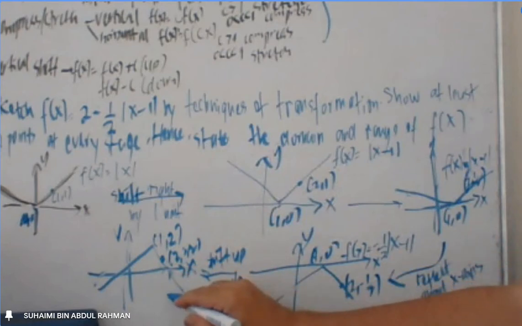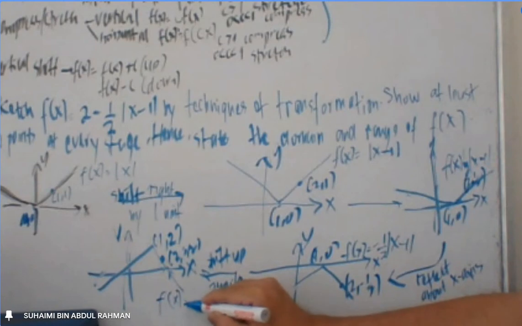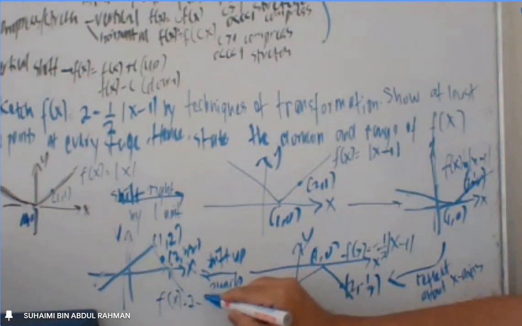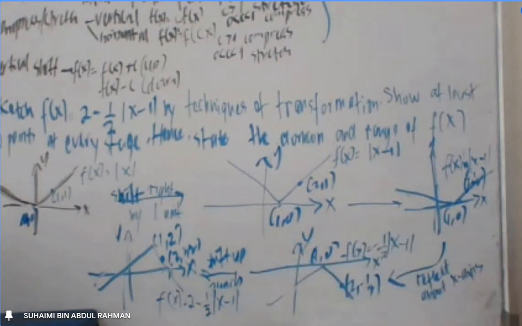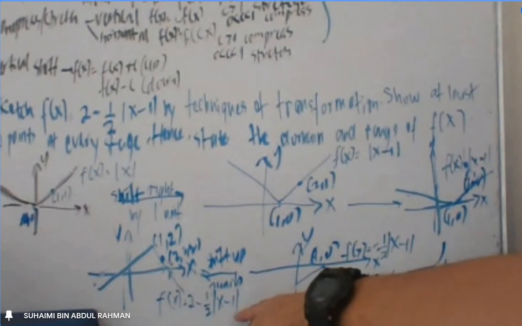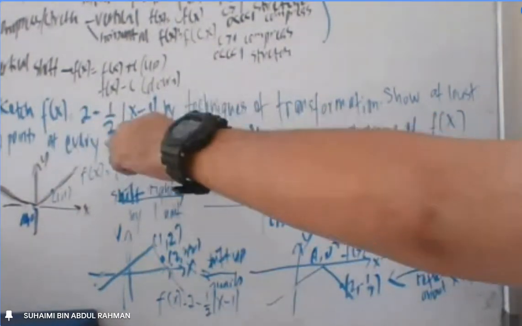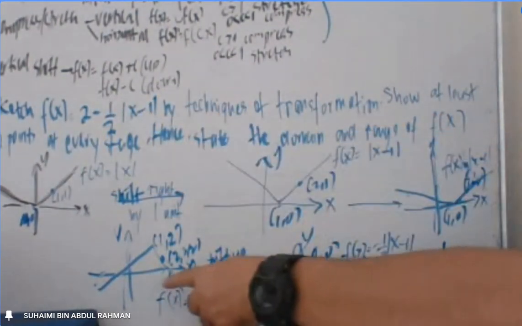Our last function is 2 minus 1/2 absolute value of x minus 1. This is what we want to sketch, and we got this.